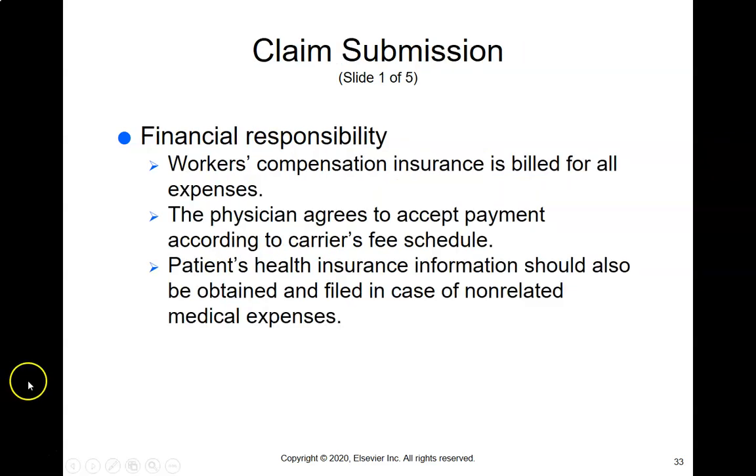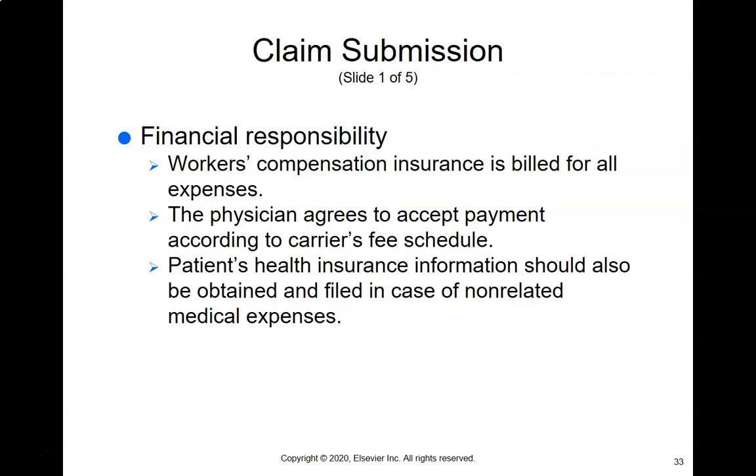Claim submission. Financial responsibility. No copays or deductibles are collected from the injured employee in a workers' compensation case. Workers' compensation insurance is billed for all expenses. The physician agrees to accept payment according to the carrier's fee schedule.